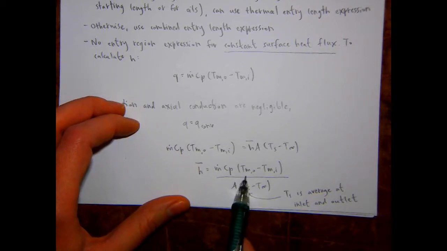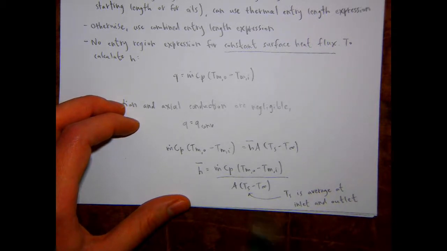So this is again the mean fluid temperature at the outlet, the mean fluid temperature at the inlet across the cross section of the fluid inside the pipe. And then this is the average surface temperature between the inlet and the outlet. So the surface temperature of the pipe.